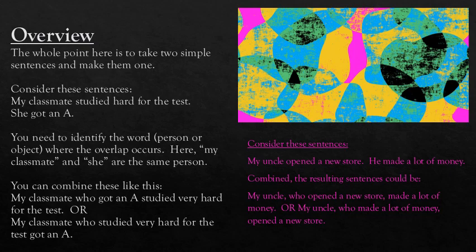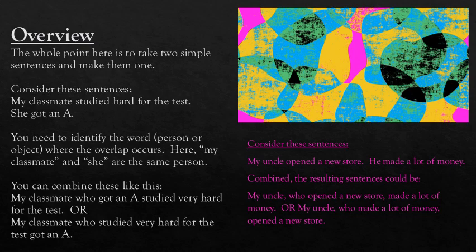So basically the signal word is going to replace the subject in one of these sentences. And then you need to place that sentence, what you just now made as a dependent clause, next to the noun in the larger independent clause.